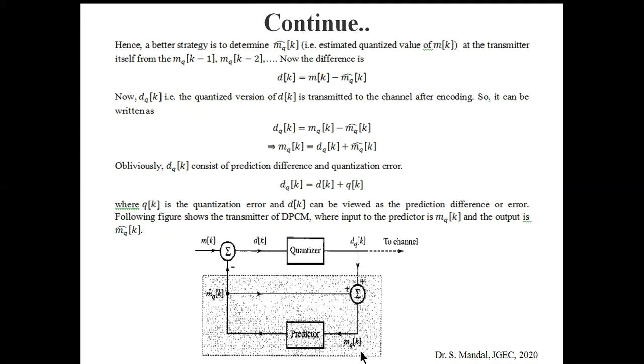Okay, so this one is the block diagram of DPCM, where we send the difference between the original sample value and its predicted quantized value, and we send the encoded version of the quantized difference signal to the channel.